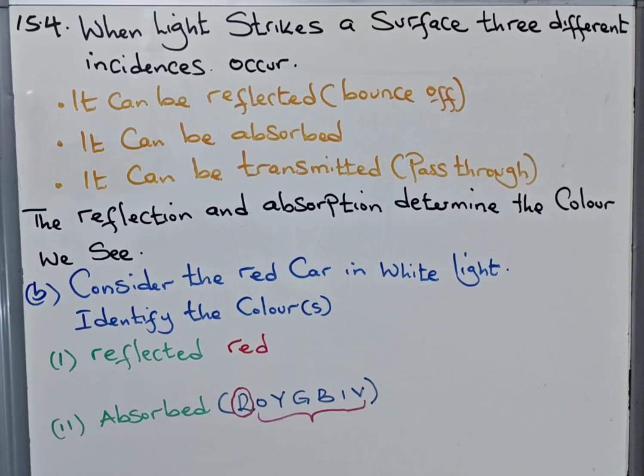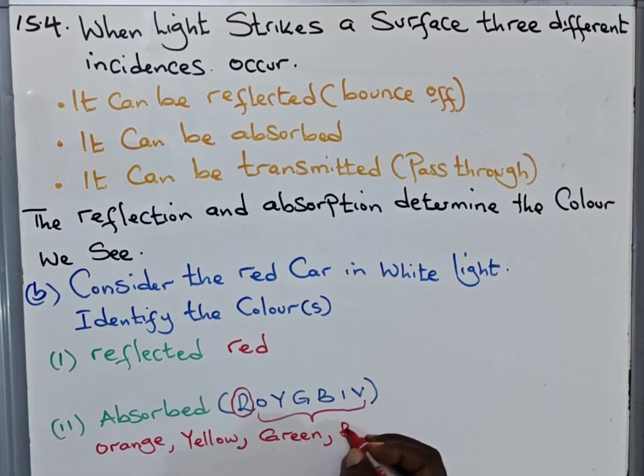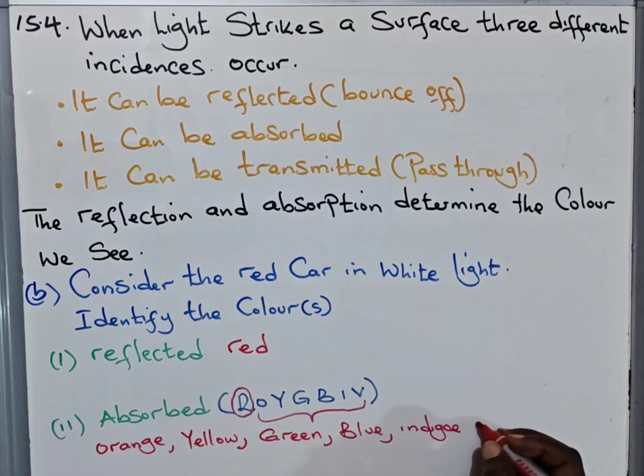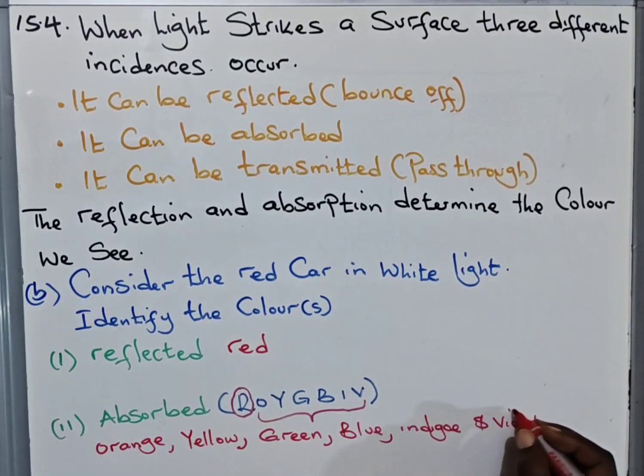So the answer to this question is that the colors which are absorbed are orange, yellow, green, blue, indigo, and violet. These are the colors which are absorbed.